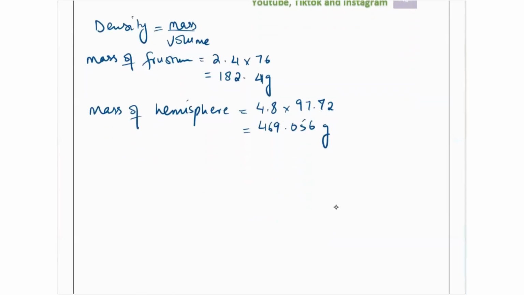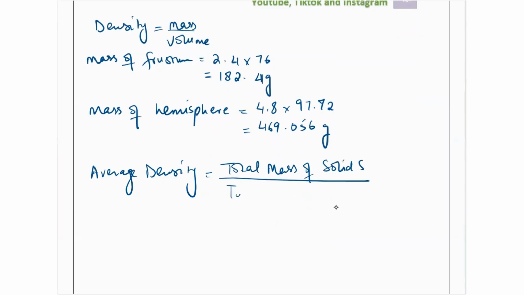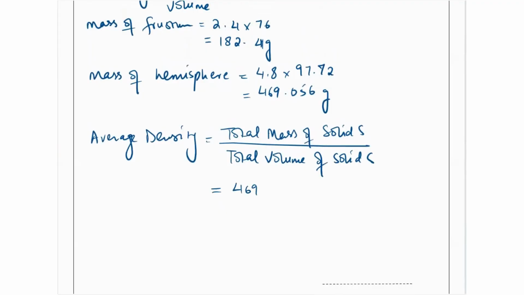So basically, the average density is going to be the total mass of solid S divided by the total volume of solid S. So total mass is going to be 469.056 plus 182.4, and total volume is going to be 76 plus 97.72.